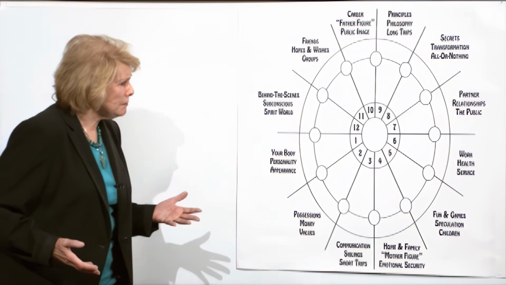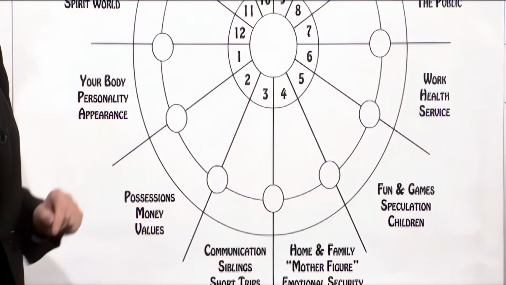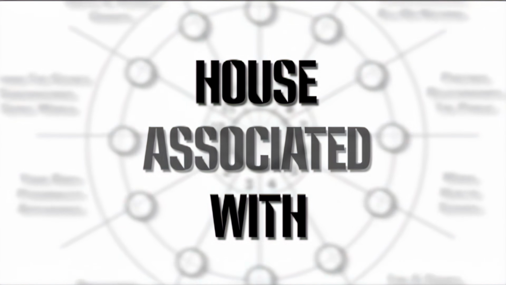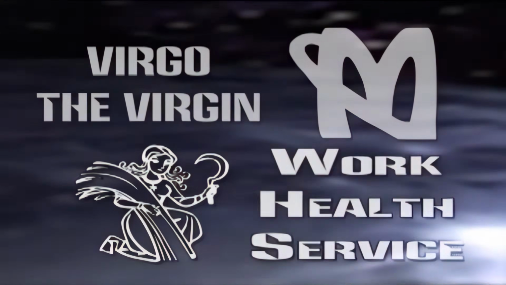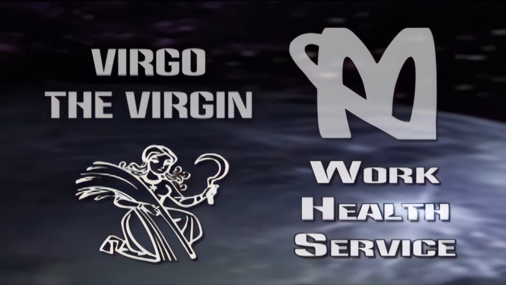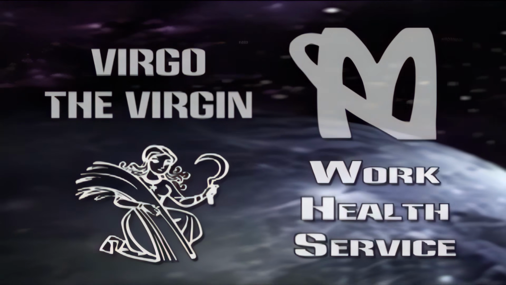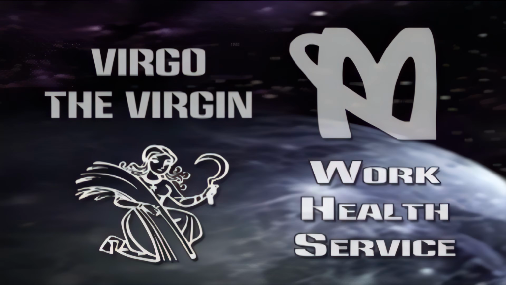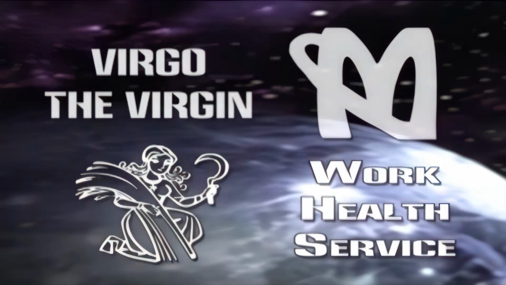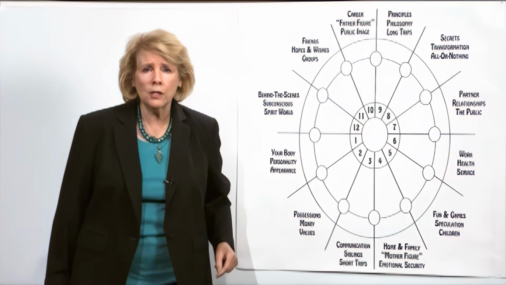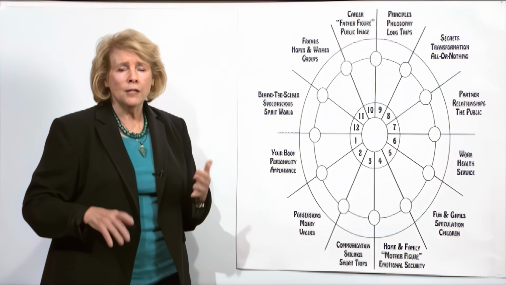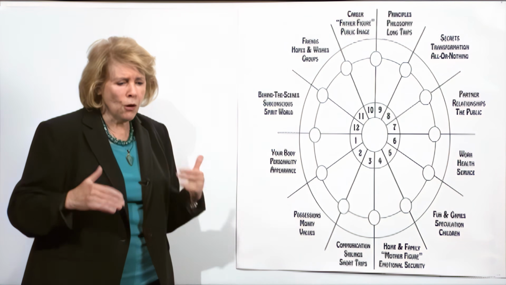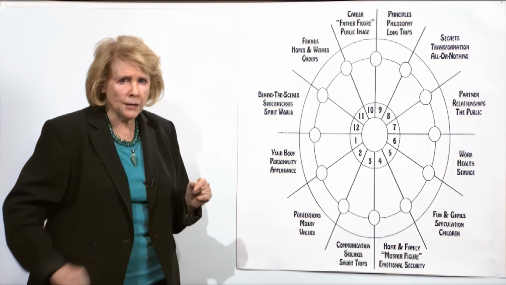The sixth house, very important house. This house deals with your work, your health, and your service, whatever service you provide to the planet. And when we look at this sixth house, if you have any planets in your sixth house, you're a worker. You want to be needed, you want to be busy all the time, and you don't want to just cross those T's and dot those I's.